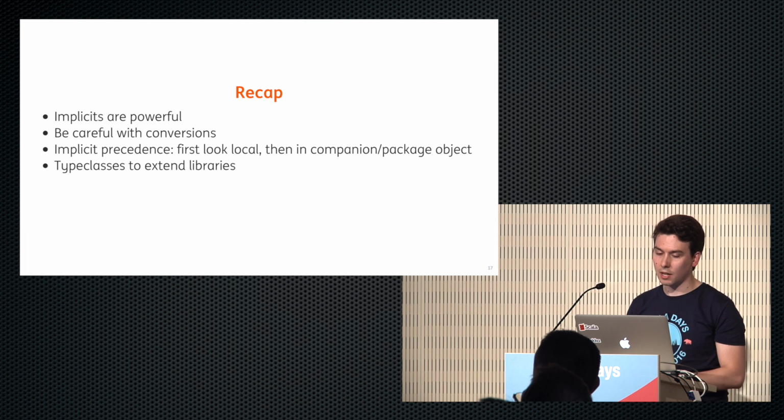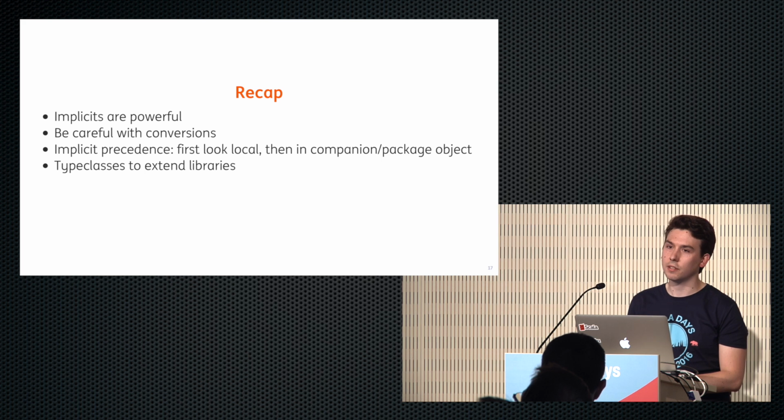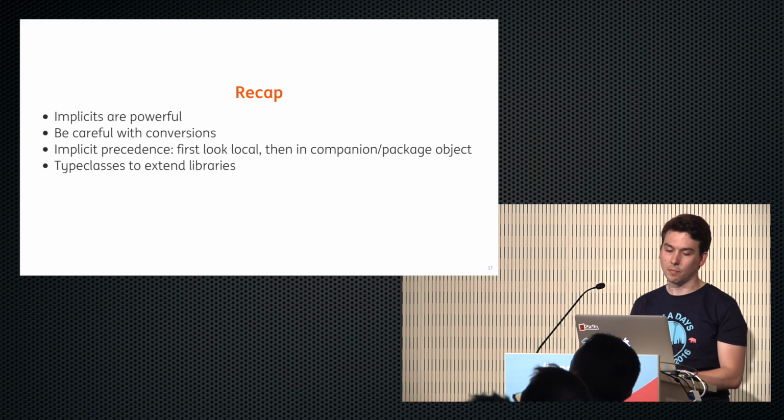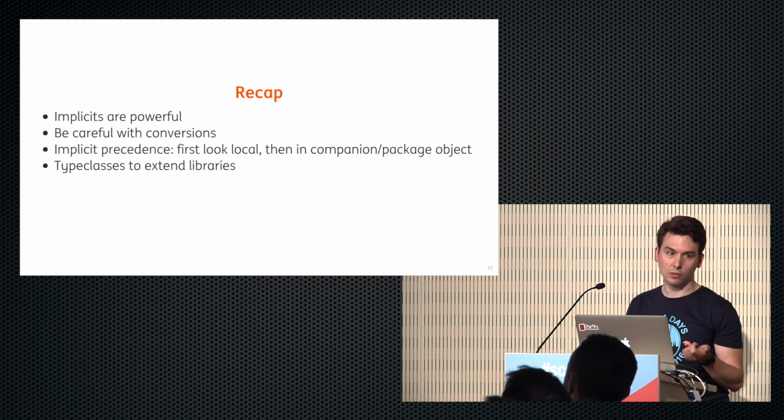So I hope I've shown you that implicits allow for quite some powerful things. You can write expressive code. You can create DSLs. You can extend libraries that you do not have control over, even the Scala standard library. And you can even do some rudimentary dependency injection with it.